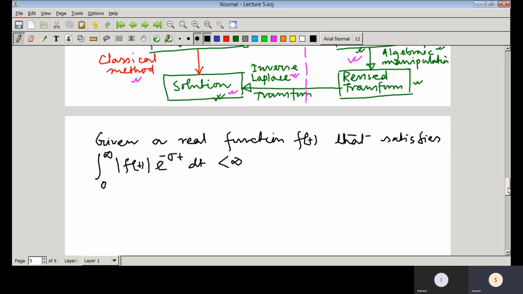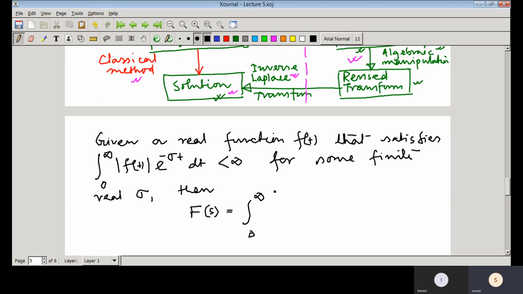So then this is that, for some finite real sigma. So then F(s) equal to the integral of f(t) e to the power minus st dt. So this is actually represented as this. This is that Laplace transform.